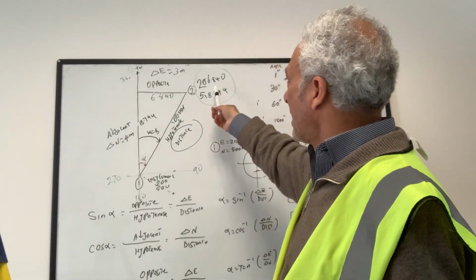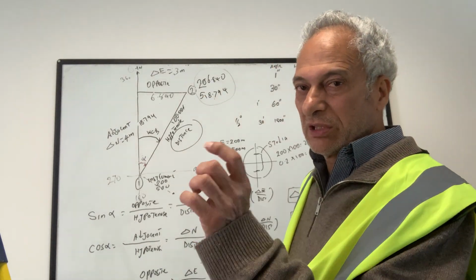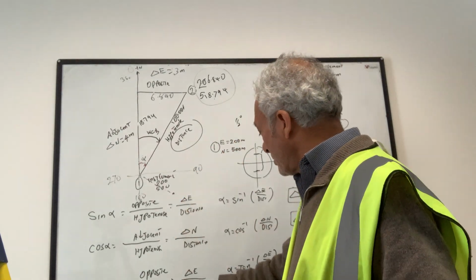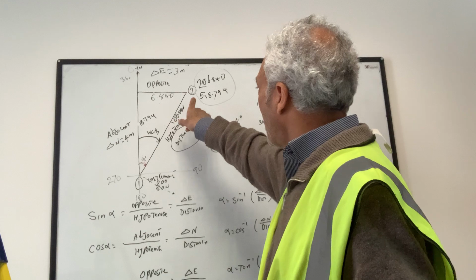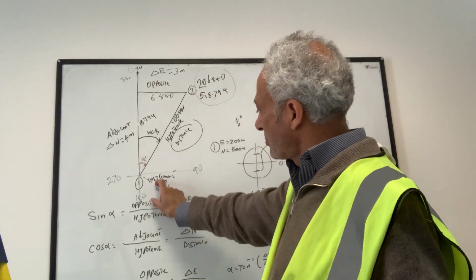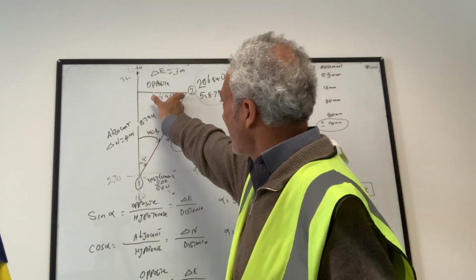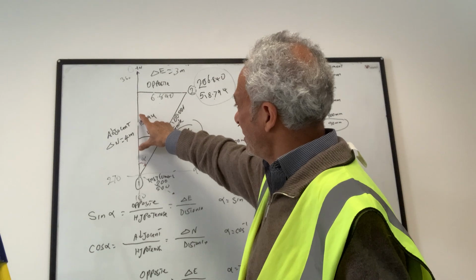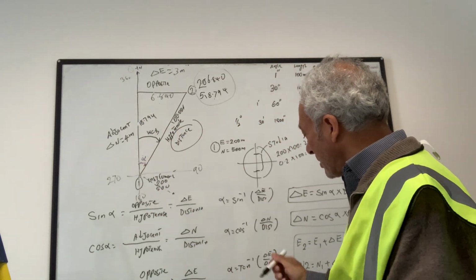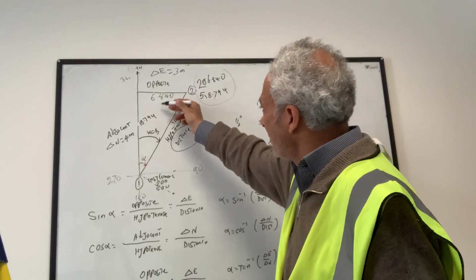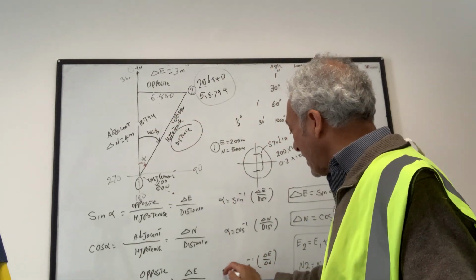Now to set it out, if you had 2 points you wanted to set out, you can calculate what this angle should be. I know this coordinate, I subtract from this coordinate, and I can calculate the difference in easting and difference in northing. Using this formula, arc tan of this over this will give me the alpha.